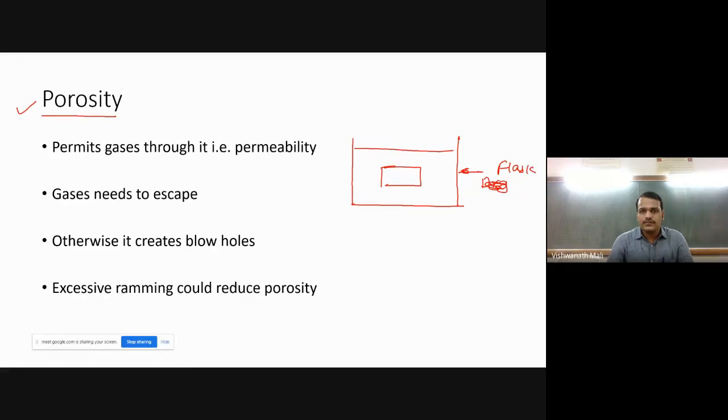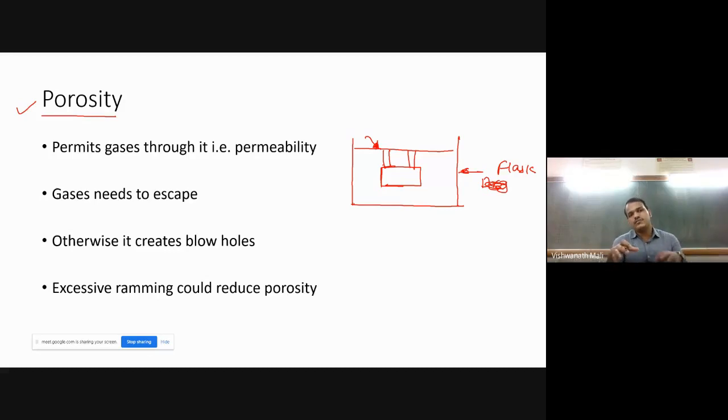Here we have the cavity which is prepared by the mold, and we are pouring the molten metal from here. So while pouring the molten metal, what happens? When we are heating the metal, it gets converted into liquid state, into molten metal.